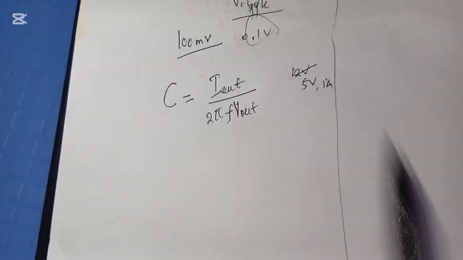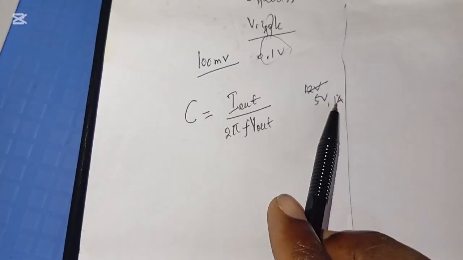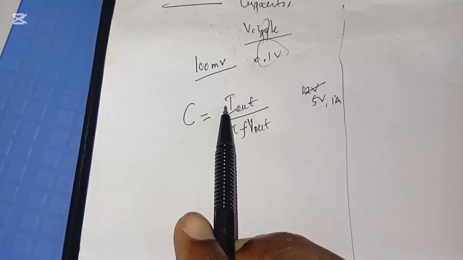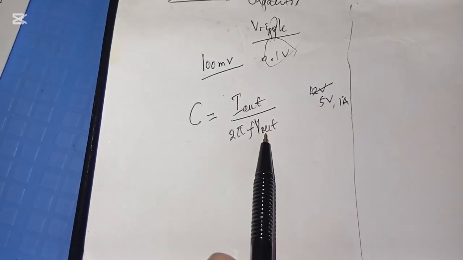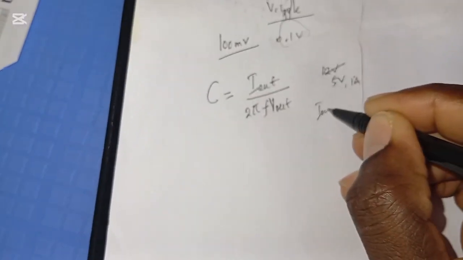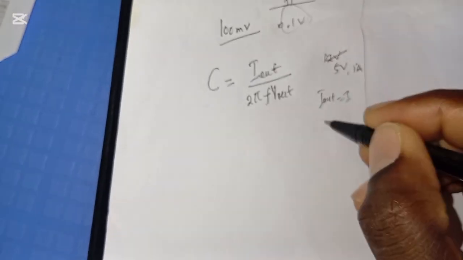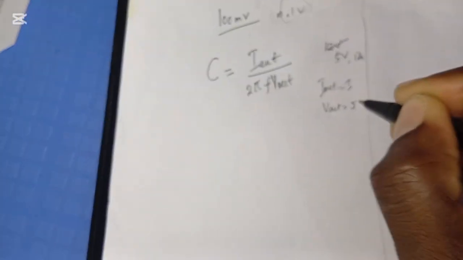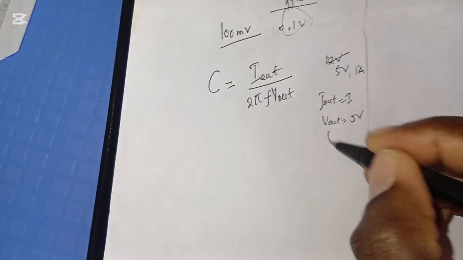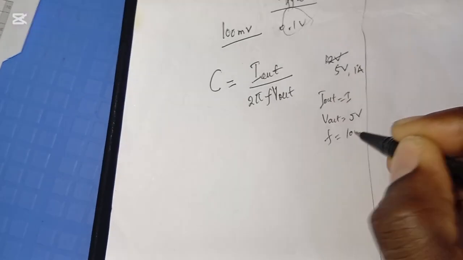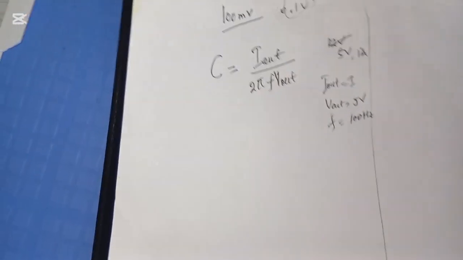So the 1 amp is the current output and the 5 volt is the voltage output. I out is 1 amp, V out is 5 volt. Then we have the frequency. We have said that the frequency doubles, so it is 100 Hz from our explanation.